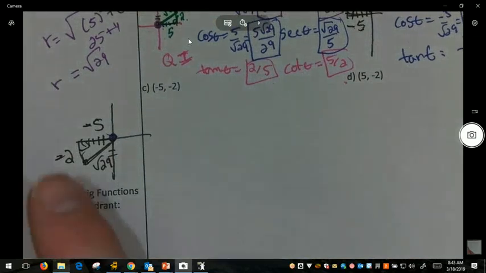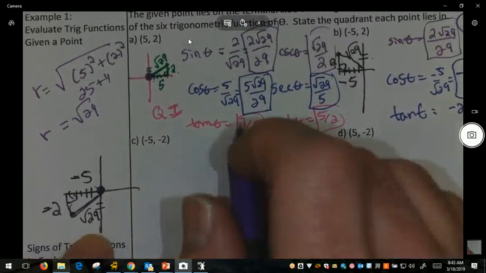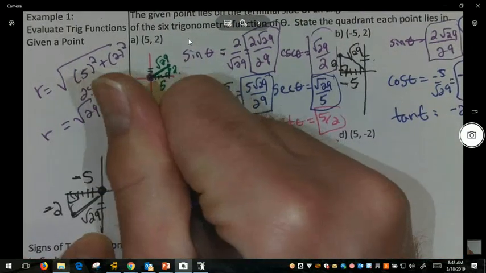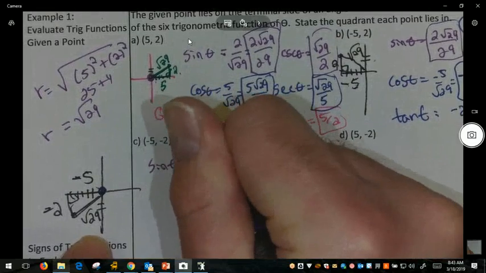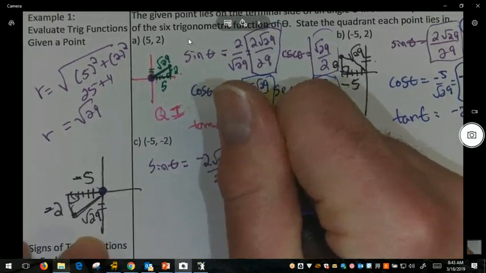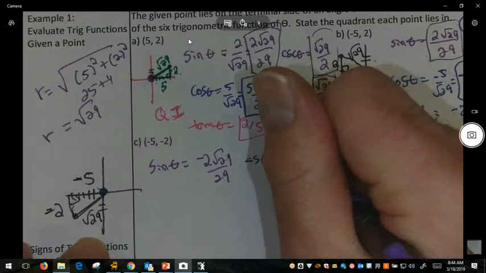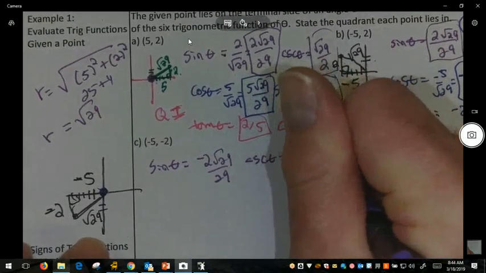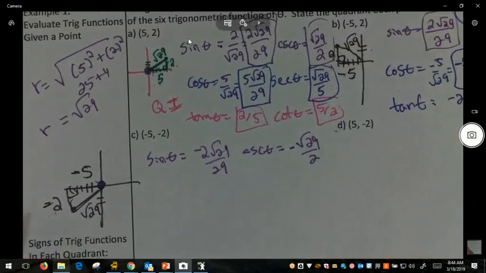So we have again sine. This time sine will be negative because it's negative 2 over square root of 29, which is going to be, when rationalized, negative 2 square root of 29 over 29. Cosecant then will be, instead of square root of 29 over 2, negative square root of 29 over 2 because the 2 was negative and 29 was positive.